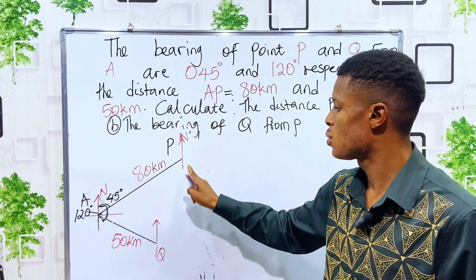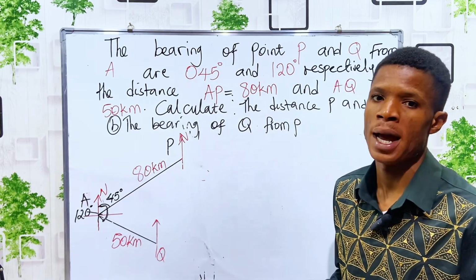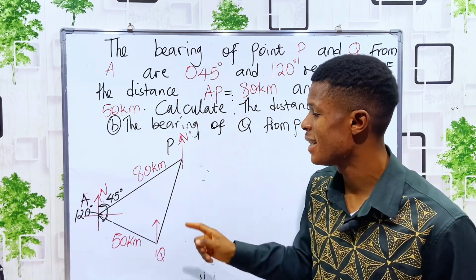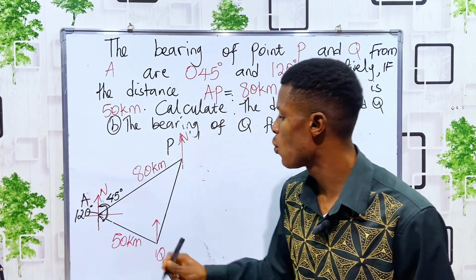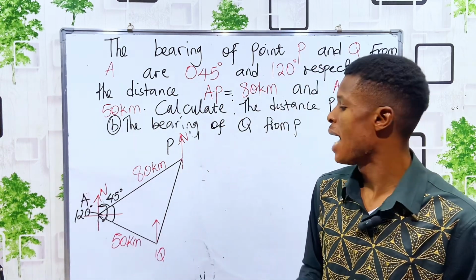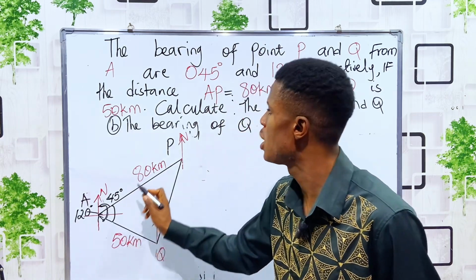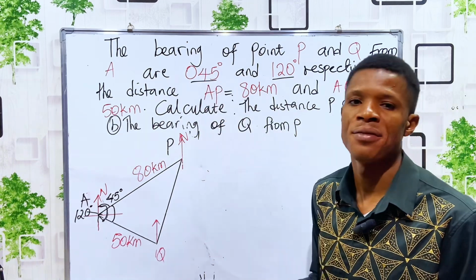To do that, we have to complete this diagram to be a triangle. The next thing we are going to do is find the angle between AP and AQ, so that we can know the actual angle in this place. The angle should be the difference between 120 degrees and 45 degrees.